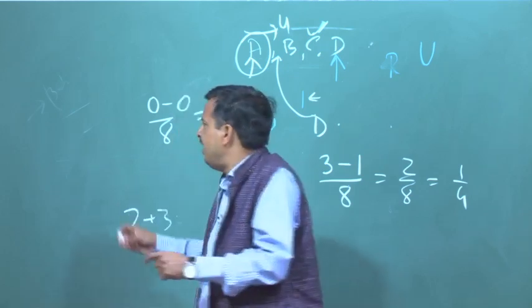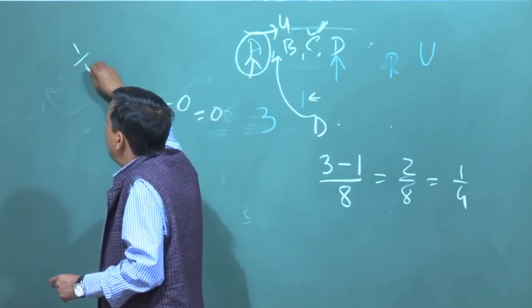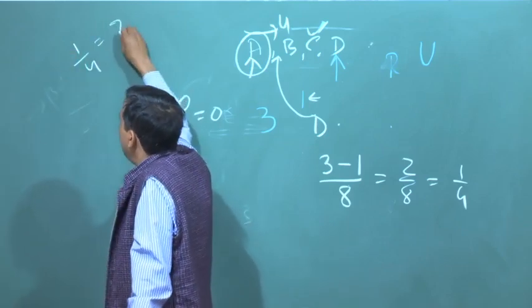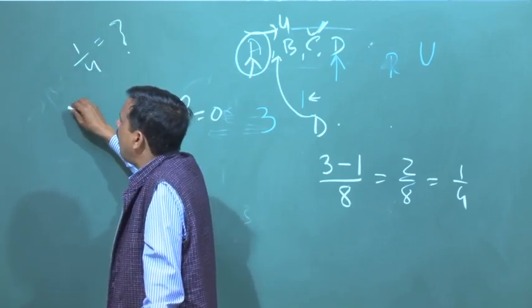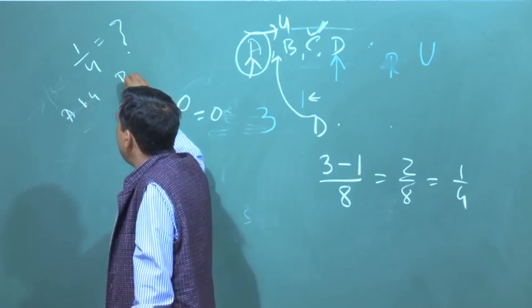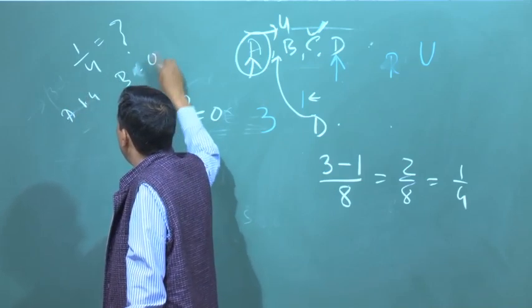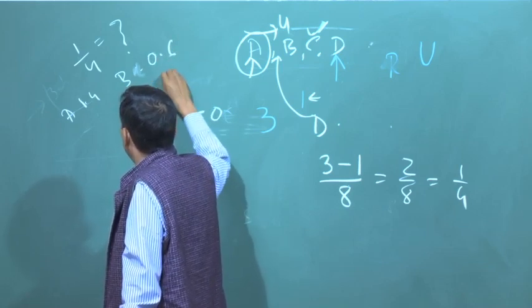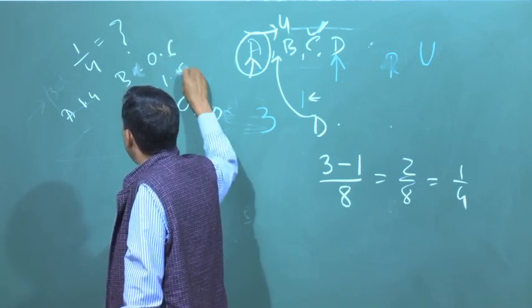Suppose I am designing a question: what is the value of 1 by 4, for a class of maybe 3 levels. Then I give the choices: A is 1.4, maybe B is 0.6, C is 1.4, D is 1.5.